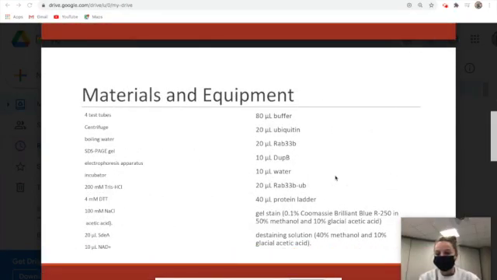Hello, for this lab, we were examining the forward and reverse reaction of the ubiquitination of the Rab33B protein. We did this in two parts. For experiment 1, we were looking to see how the presence of NAD plus affects the forward reaction, and we hypothesized that if NAD plus is not present, then the reaction will not occur because NAD plus is the energy source for this reaction.